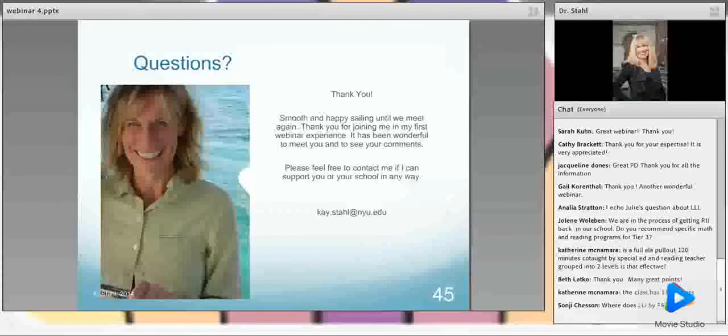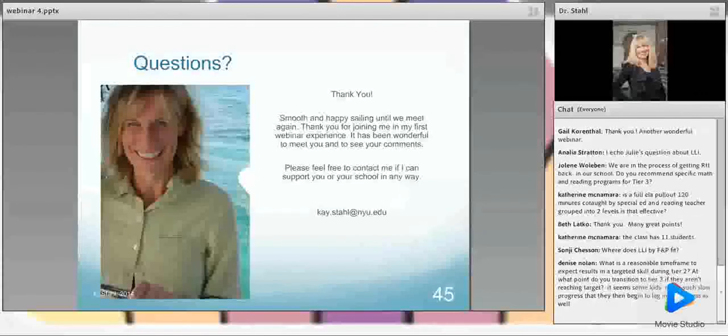Even though LLI is a takeoff on Reading Recovery, what is missing is the intensity and the kind of daily progress monitoring that Reading Recovery provides.